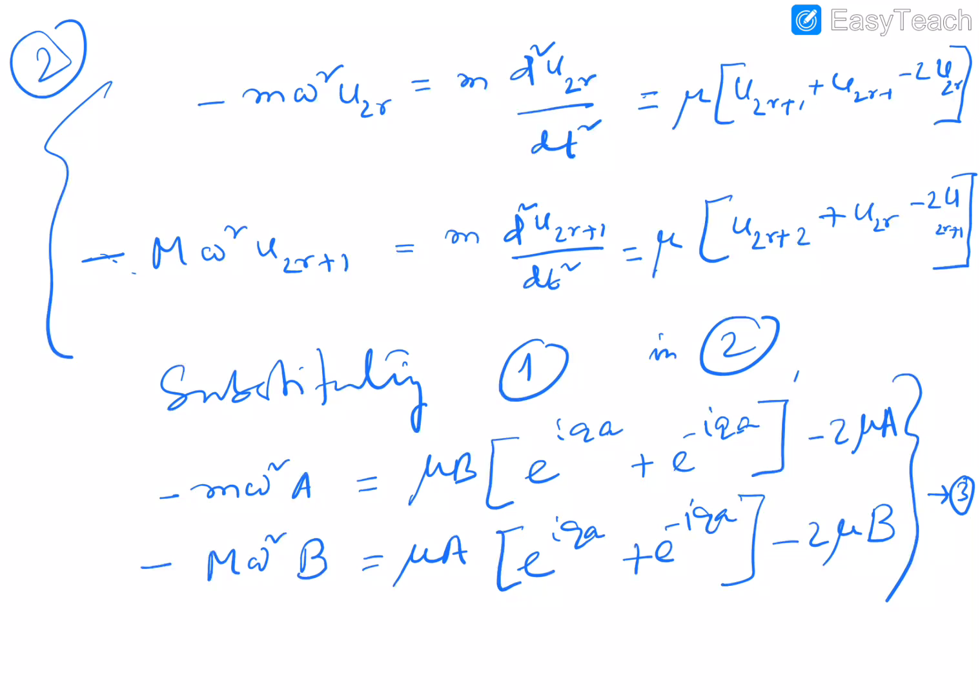Right. So now we can rearrange. We have to try to find the coefficients of a and b, so we try to rearrange. So we can write it as a times 2 mu minus m omega square will be equal to 2 mu b times e to the power iqa plus e to the power minus iqa, so that would be then 2 cos of qa.